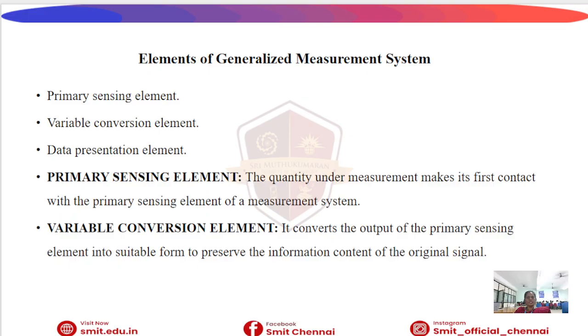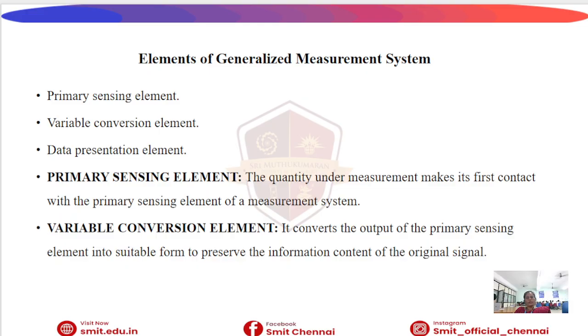For example, in temperature measurement, a thermocouple or RTD acts as the primary sensing element. In pressure measurement, a diaphragm is the sensing element. It directly senses the physical quantity and produces an output related to it.